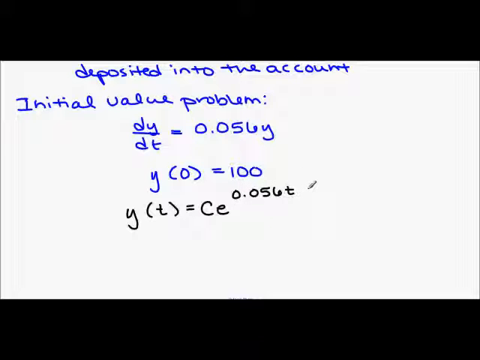0.056 t. If we took this function and found its derivative, you'd bring this exponent down in front. So the derivative of that is 0.056 times c times e to the 0.056 t.